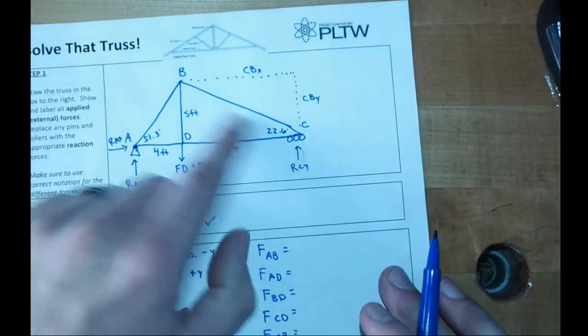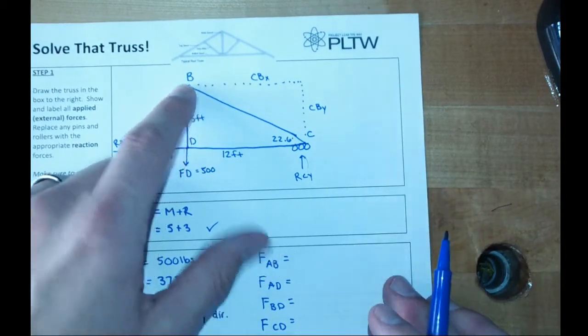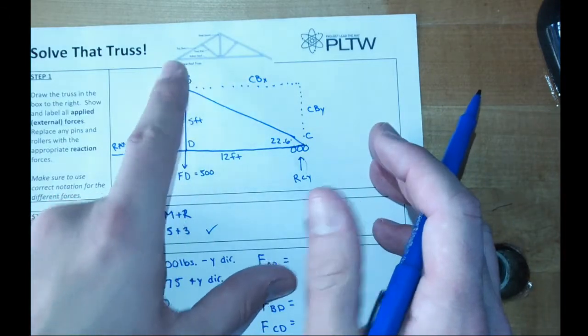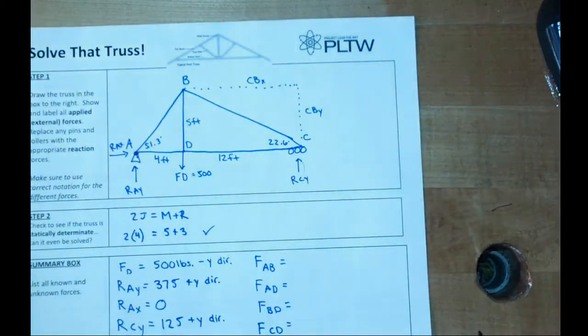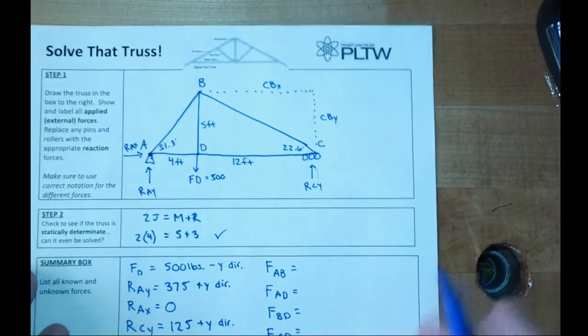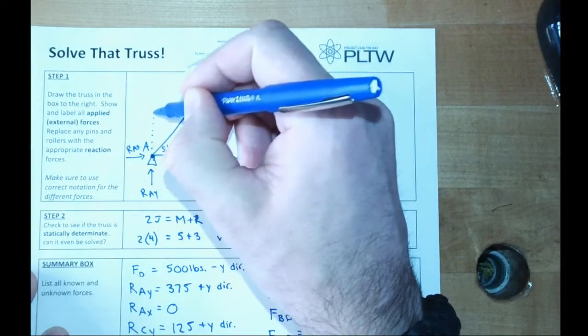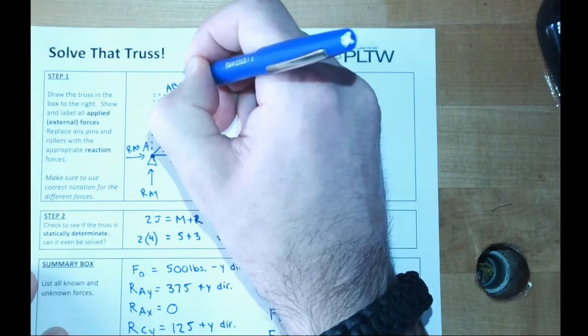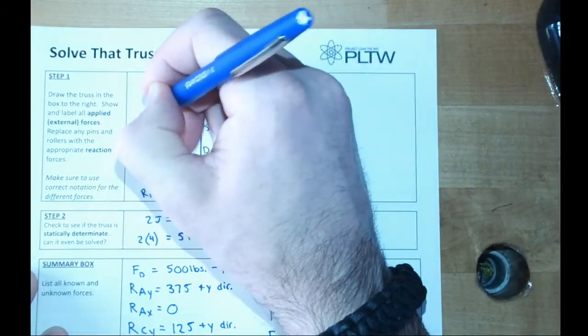Why am I creating these? So that I can solve for my CB, right? You can put your CBX and your CBY up here, but then it's going to overlap other ones, which just confuses me. I don't do it that way. I'm also going to do this other side so I can solve for AB eventually. That gives me ABX and ABY.